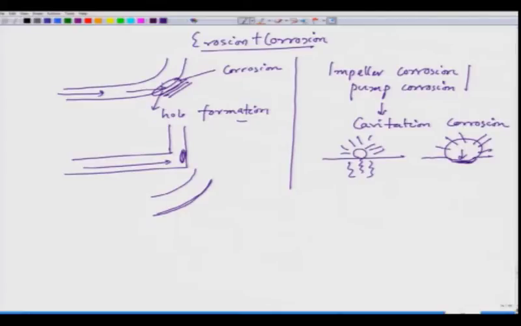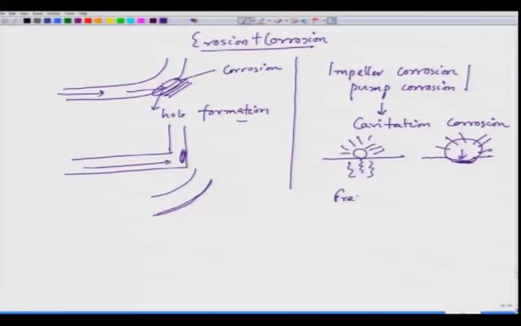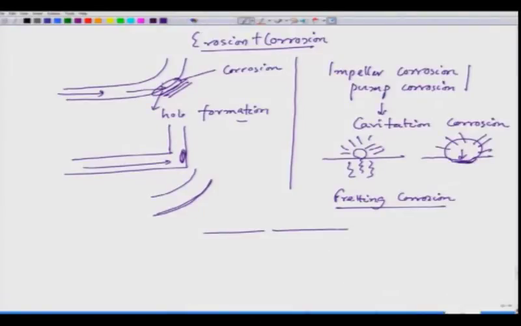Another special type of erosion corrosion is fretting corrosion. We do experience this fretting corrosion near the fish plate. You might have seen a fish plate. These are basically two adjoining rails joined by a fish plate.